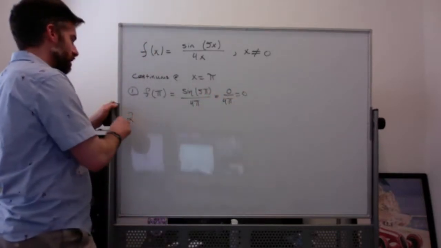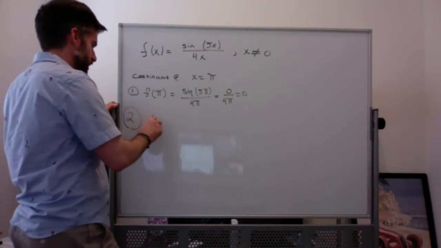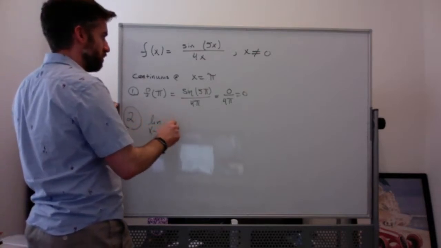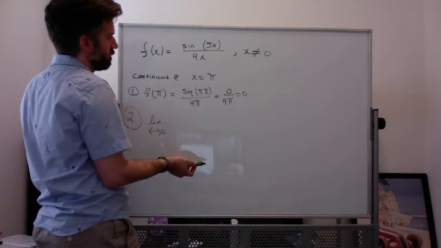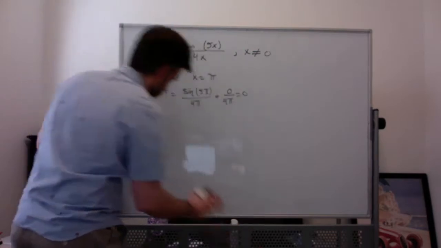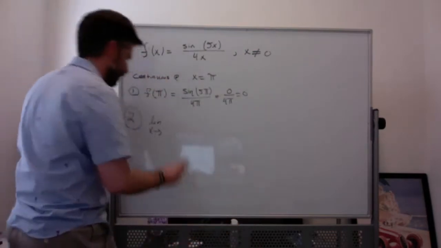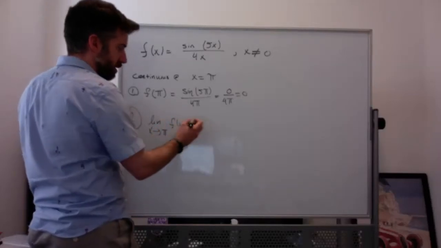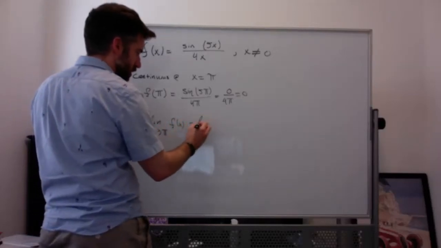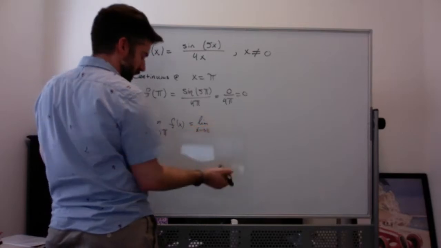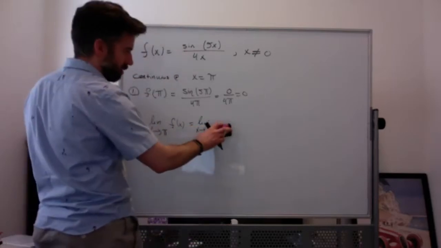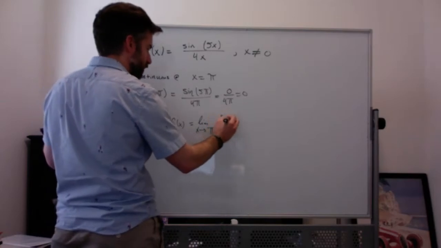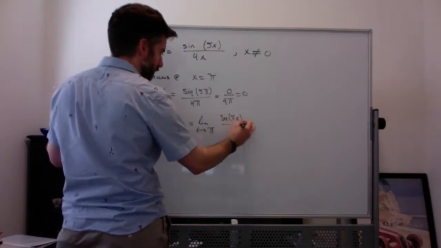And 2, the limit as x approaches pi of this function exists. Sorry, I keep saying 0 because that's what I'm going to do. The limit as x approaches pi of sine of 5x over 4x.